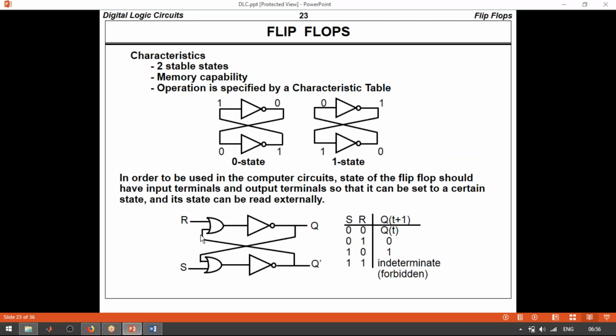So if this value is 0 and our input is 1, then 1 plus 0 is 1, and the whole bar is 0. And with the other gate, 1 plus 1 is 1, so that output is also 0.